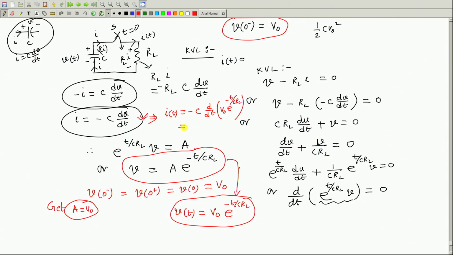And if you see this one, it will be minus C was there, and then differentiating, so minus 1 by C R L will come out.